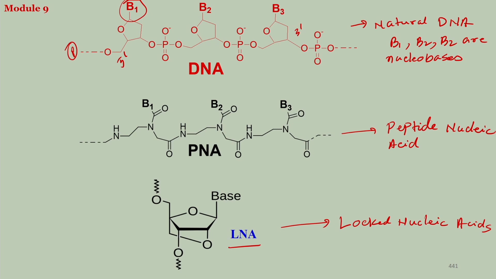They can vary: A, T, G, C. So, this is the deoxyribose sugar with a hydrogen here and this is the OH. It will move on in the 3 prime direction, and at the 1 prime sugar you have the nucleobase, then the 3 prime sugar, nucleobase. That is how it is going on.